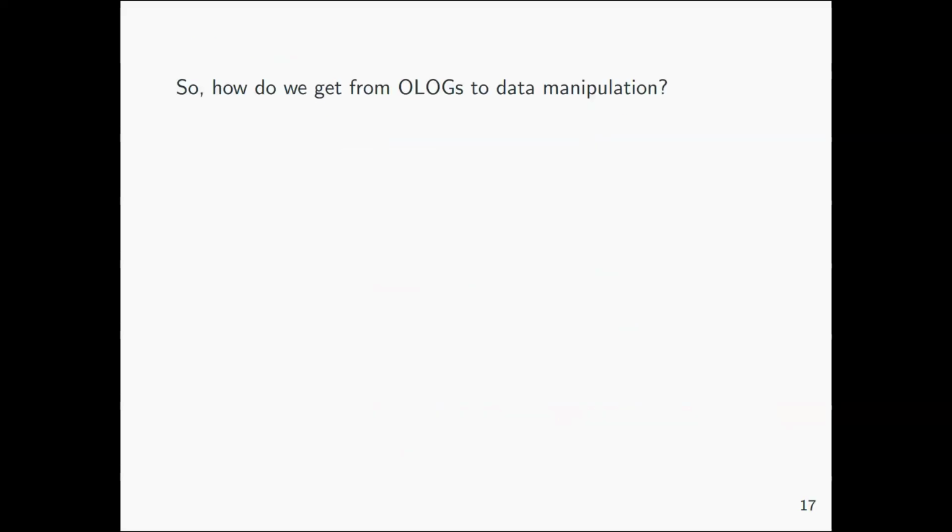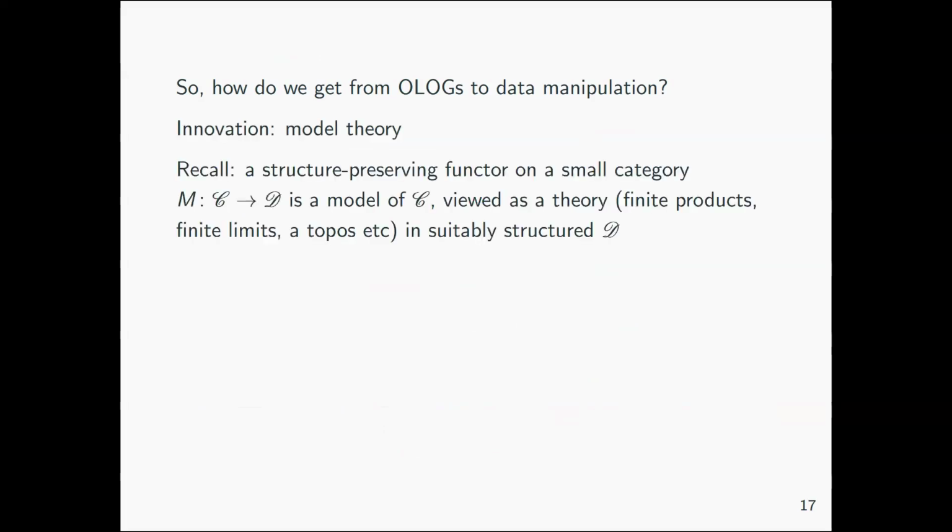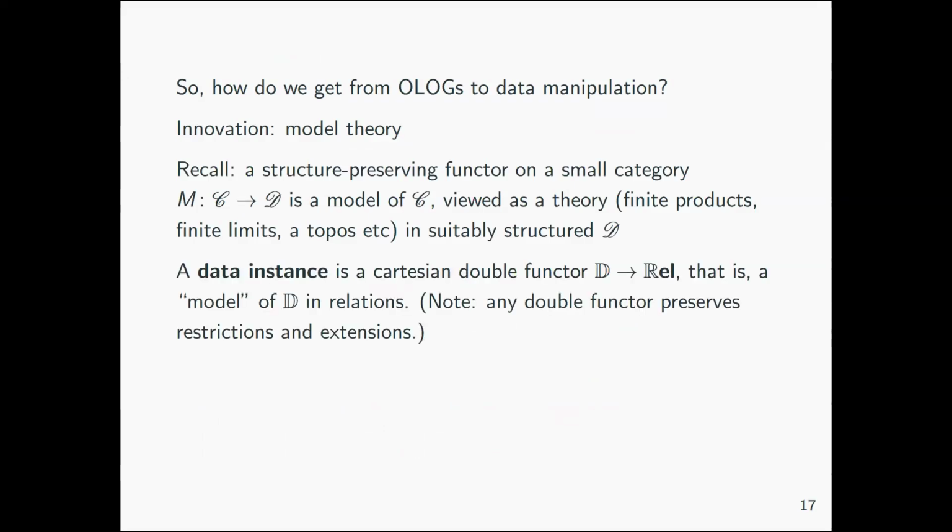So what about manipulating data? I believe the innovation here is in some loose sense like model theory. A structure-preserving functor from some category C with structure to D is a model of C in D. And so let's define a data instance for a double O-log to be a Cartesian double functor valued in relations. If you want to think of everything here being strict, that's fine with me.